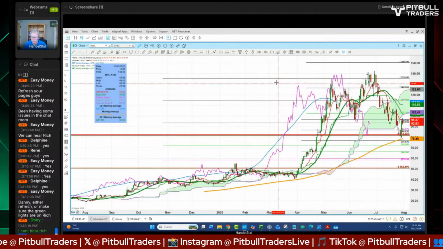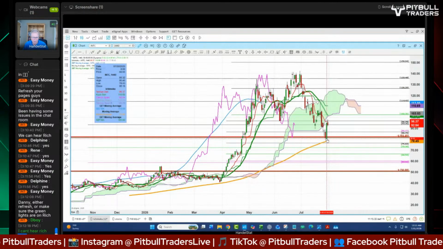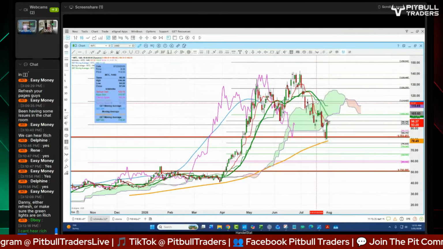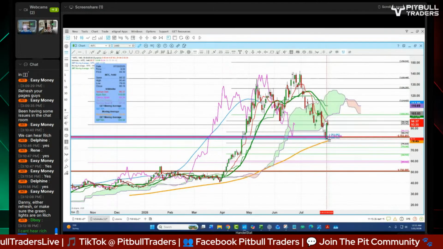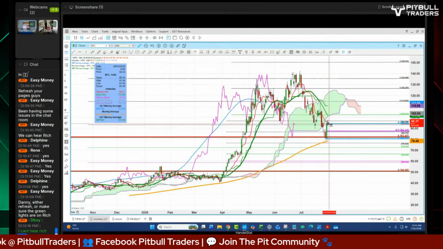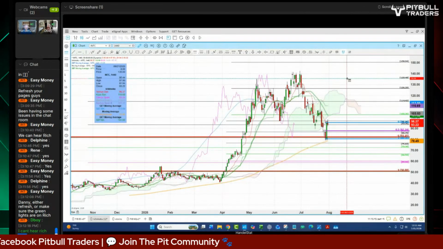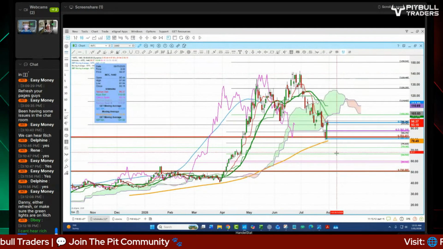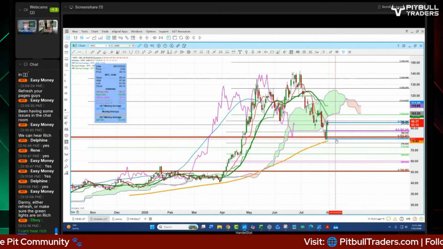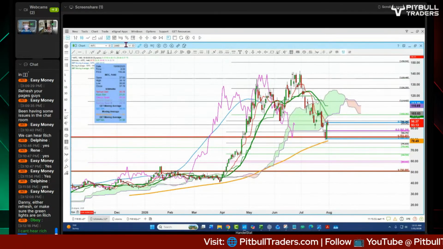This is kind of negative, although we had a big up day yesterday. If they did a 50% retracement on this, that would put them back down at 87. I think they could easily test that 87 today. I don't know that they're going to, but it's not out of the cards.